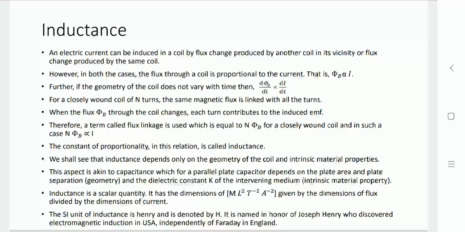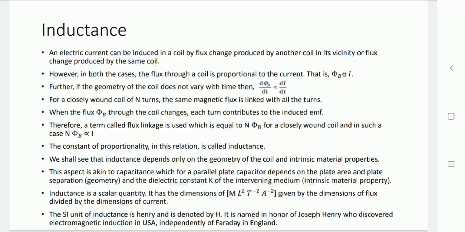If we have windings that are closely wound, we can say that N number of turns are there. The number of turns also directly affects the flux. When flux through the coil is changing, it contributes to generating EMF.